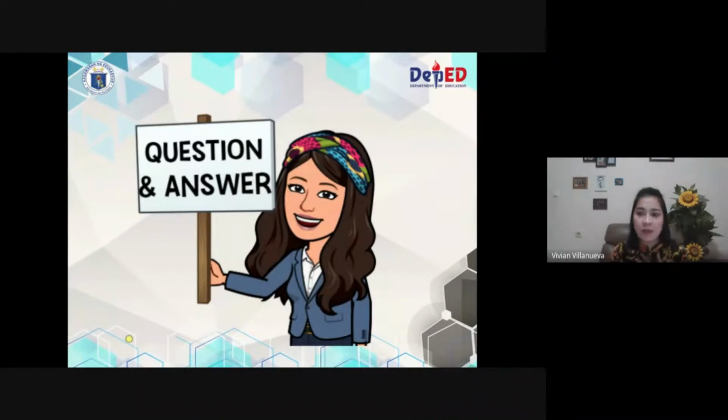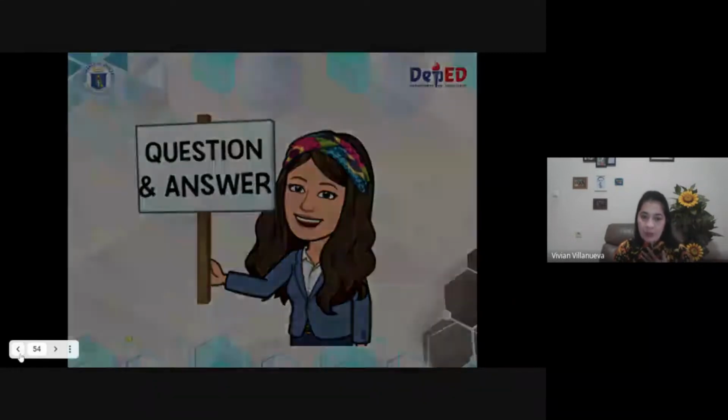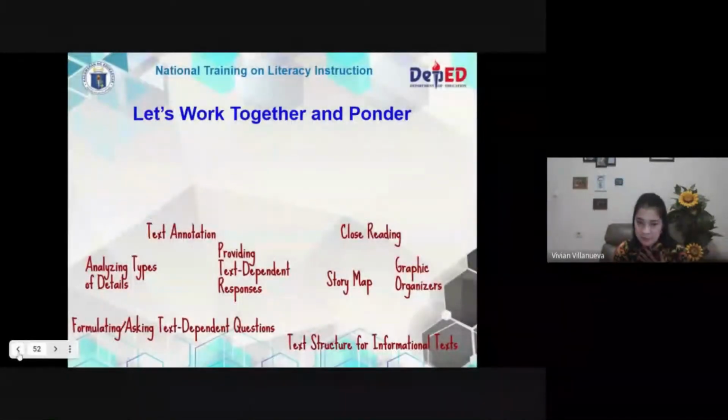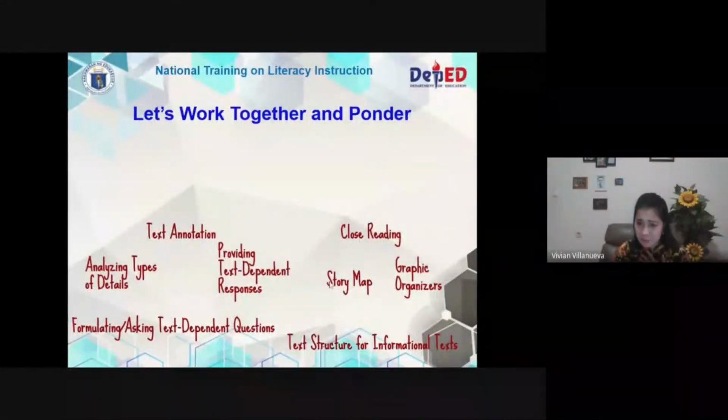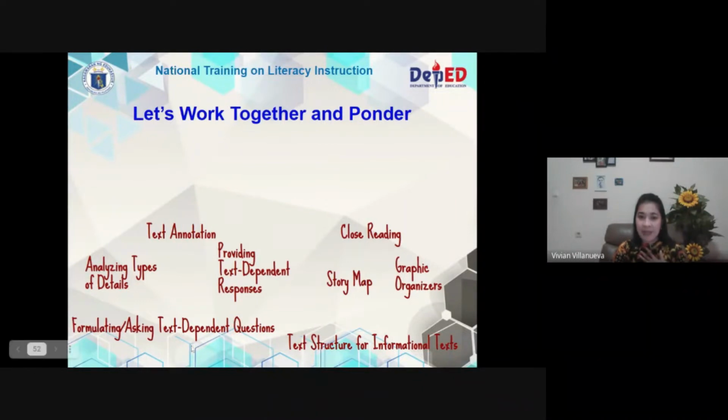No, that's why teachers are needed. I've used so many strategies in one. Let's say I've also used story map and graphic organizers, but I would always have asking and answering questions and analyzing types of details as well. So it's a combination of those strategies.